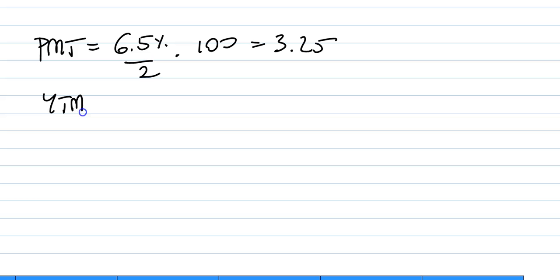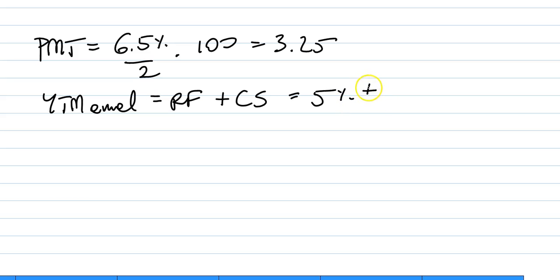Yield to maturity annual is going to be equal to risk-free rate plus credit spread, right? This is how we establish yield on risk investments. Risk-free rate is based on 10-year treasury note, so that's 5%, and the credit spread is 0.8%. So that gives us yield to maturity of 5.8%.